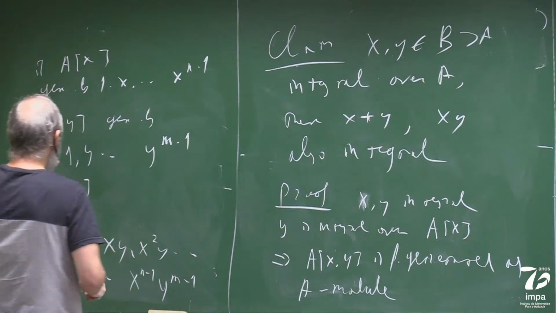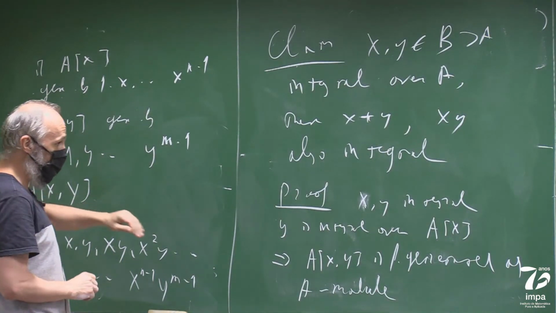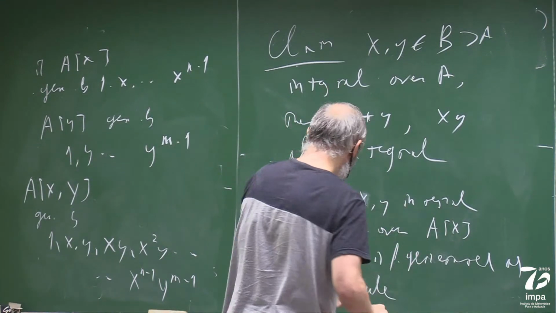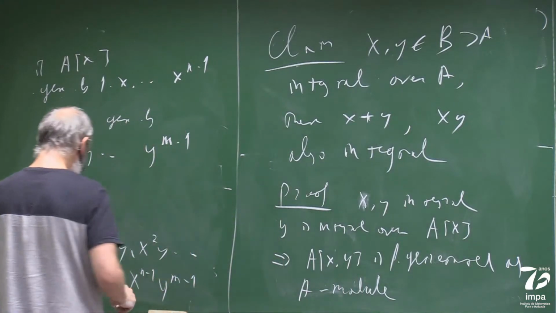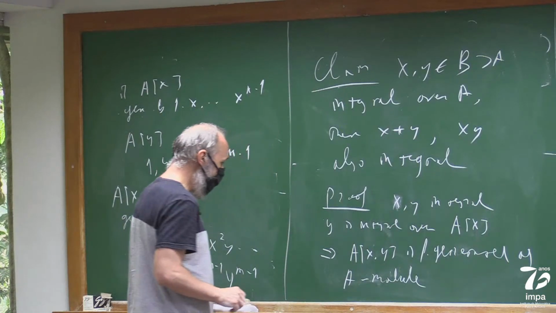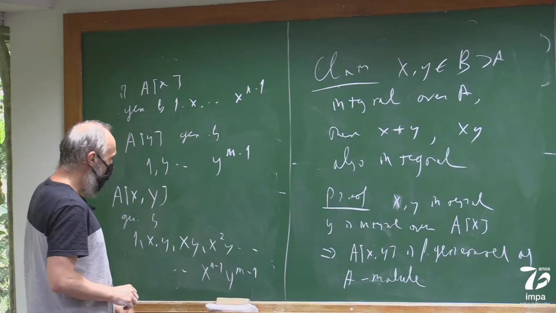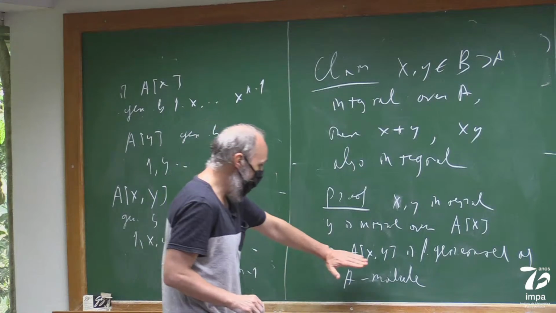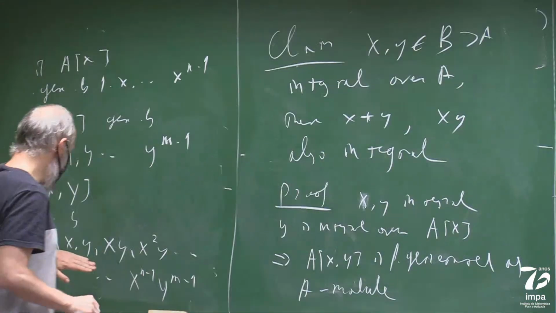So you have all these pairwise products of powers. The first collection generates the ring A of x, and the second collection generates the ring A of x and y, and then you can decompose any element of this into a sum of these.